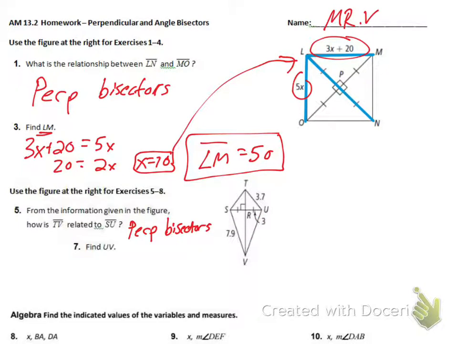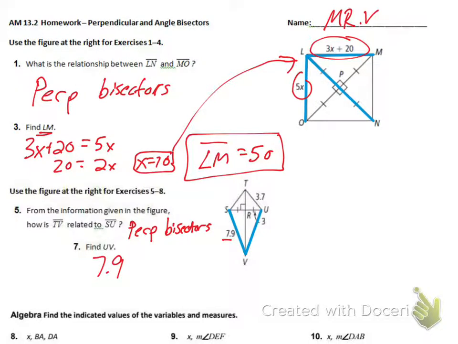All right, so if I'm looking for UV right there, well, I know that it's bisected, so that will be equal to that. So VU would be equal to VS. So since this is already 7.9, that's all I write, 7.9.